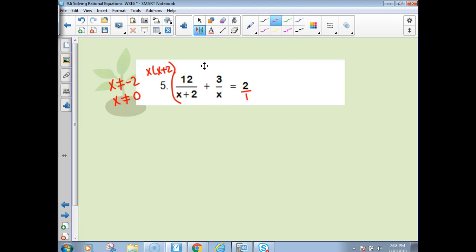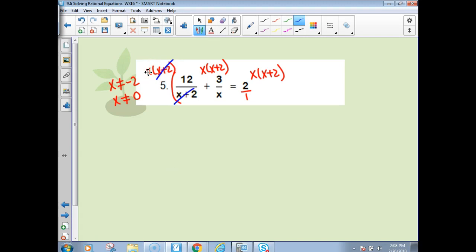So x times x plus 2, x times x plus 2, x times x plus 2. We're multiplying all 3 pieces by x times x plus 2. On the first one, I hope it's not bothering anybody that I'm doing this right on the problem, because hopefully you can see we're canceling out the x plus 2.